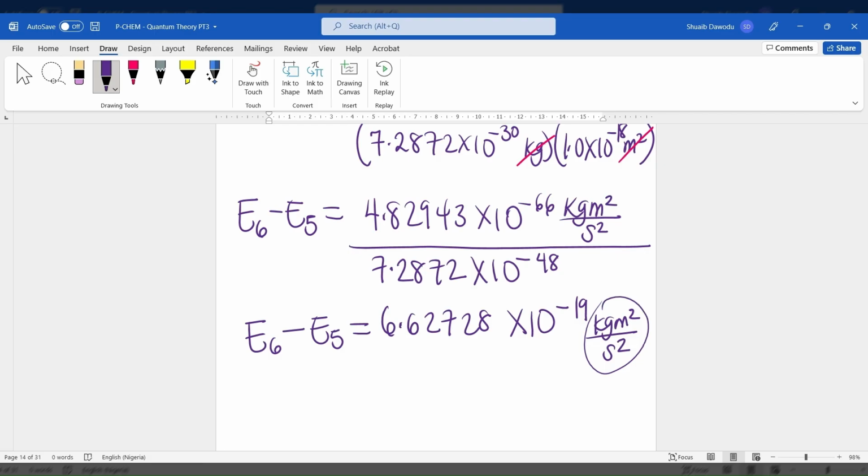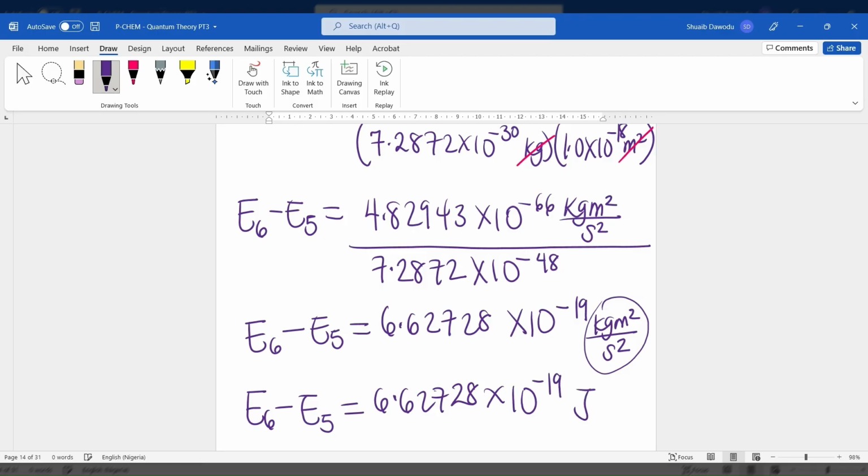We know that is the same thing as joules. So we still get our final answer in joules, because that's what they asked us to do. E6 minus E5 equals 6.62728 times 10 raised to the power of negative 19 joules.